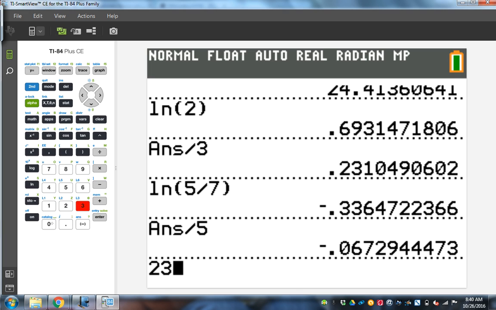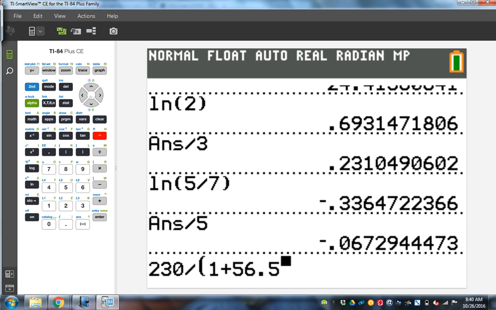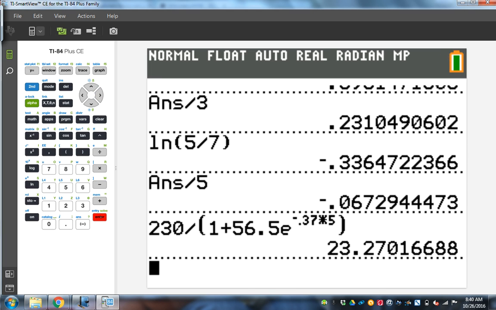So 230 divided by parentheses 1 plus 56.5 e to the negative 0.37 times 5. Close those parentheses. 23.27.